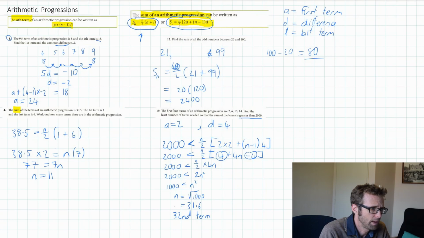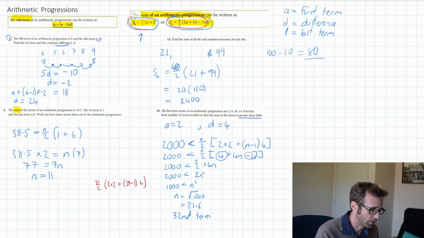The sum of the 31st term, we could use this formula again. So we could go 31 over 2 times 2 times 2 plus 30, so we're doing 31 minus 1, and then the difference is 4. Now when we do this, what do we get?